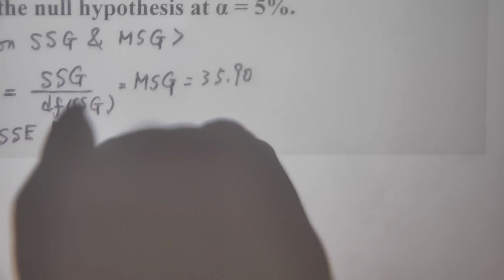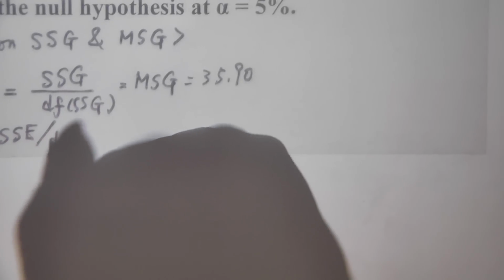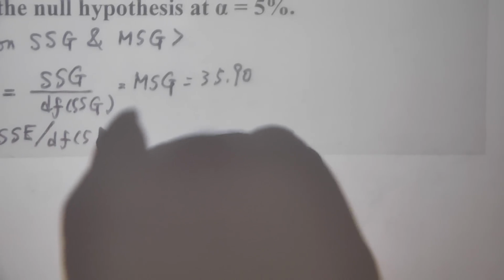Similarly, we can discuss SSE and MSE. SSE divided by degree of freedom of SSE. SSE is 17.25 divided by its degree of freedom, which is population size minus how many groups we have.